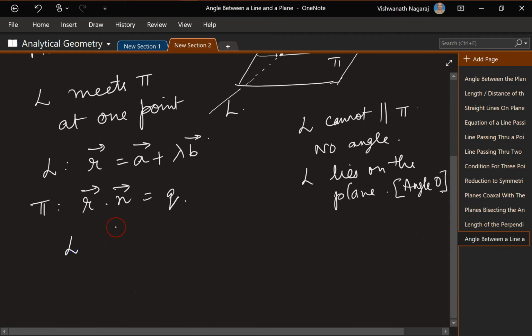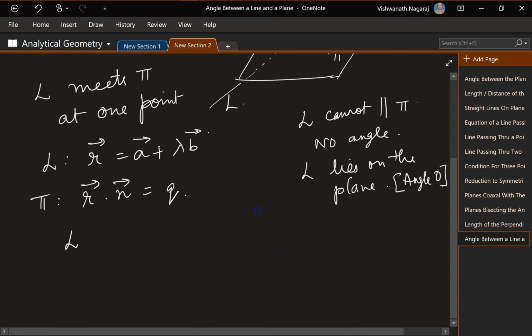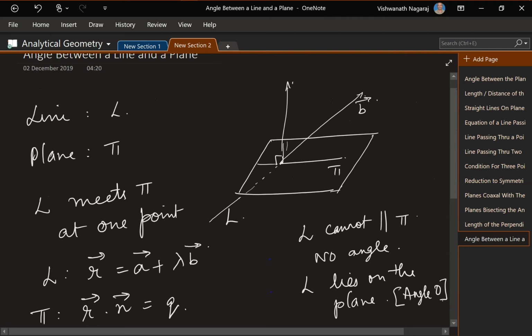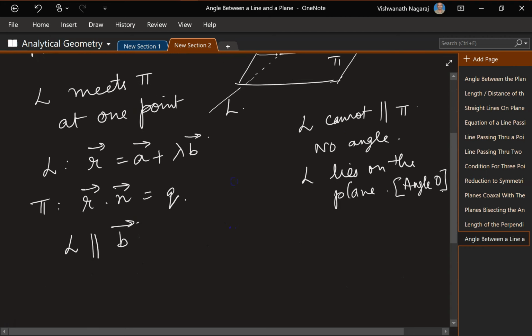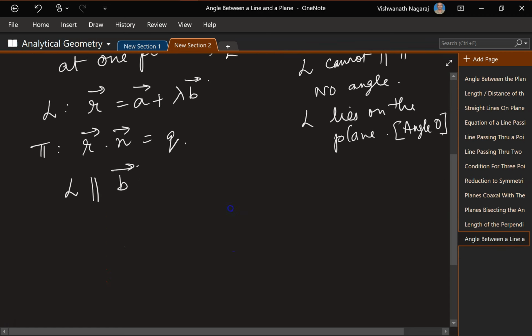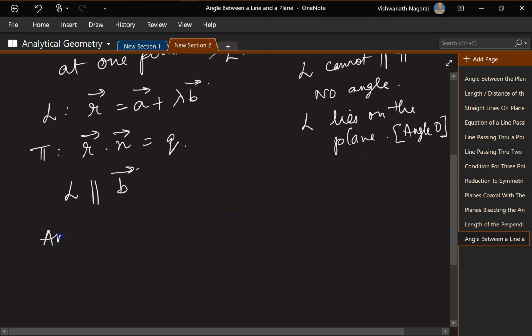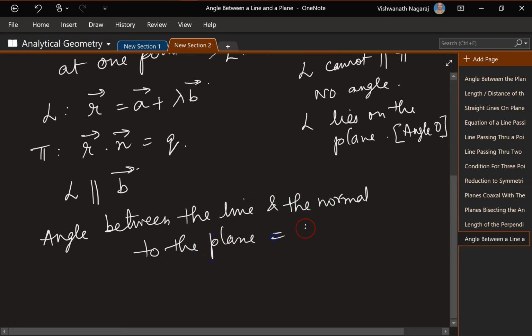Now remember, L, which is the line, is parallel to the vector B, right? We know it lies on the line itself, but we can say it is parallel to B. So the angle between the line and the normal to the plane is, let's say, theta.